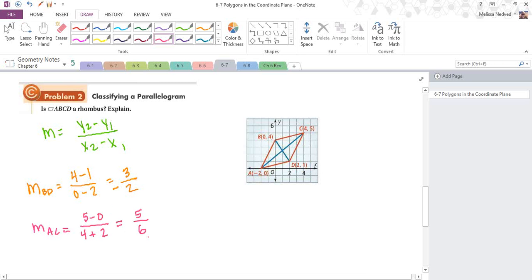Slope of AC is positive 5/6. 5/6 is not the reciprocal of 3/2. So since my diagonals are not opposite reciprocals, they are not perpendicular, and therefore this is not a rhombus.